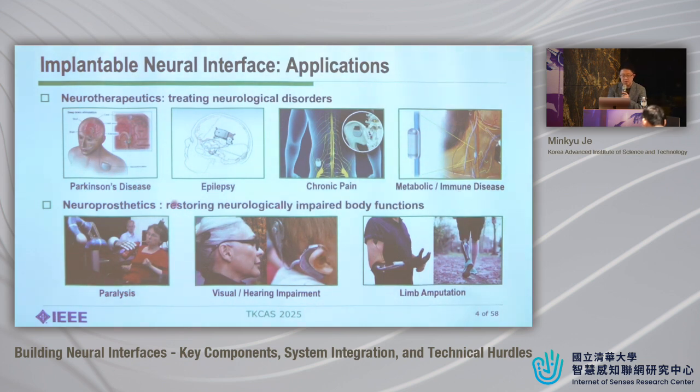Another category is neuroprosthetics for restoring neurologically impaired body functions for patients suffering from paralysis, visual and hearing impairment, and limb amputation.